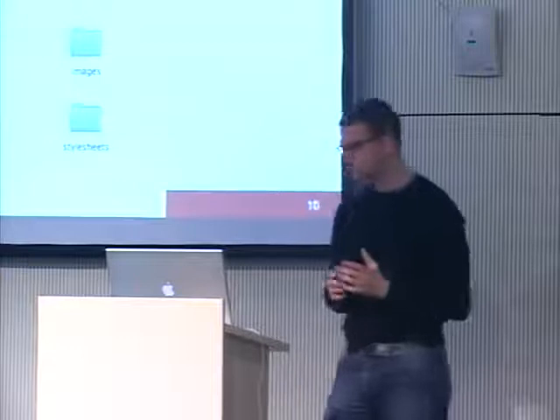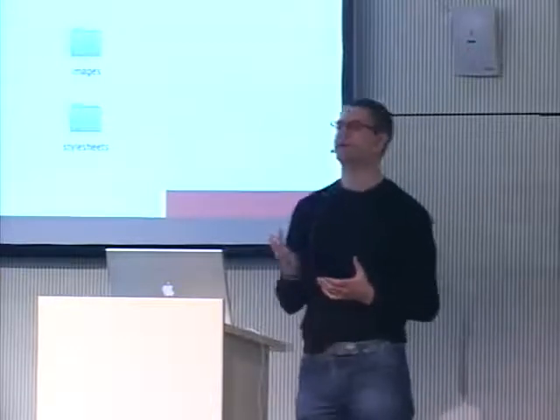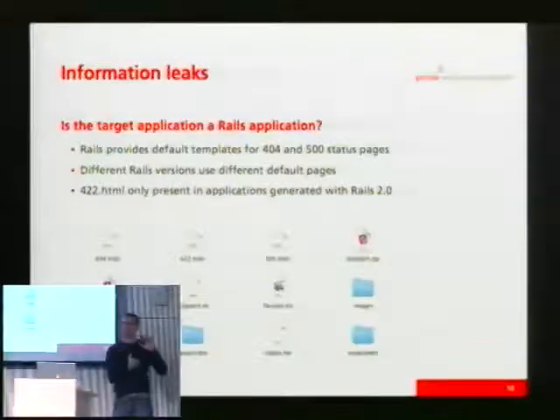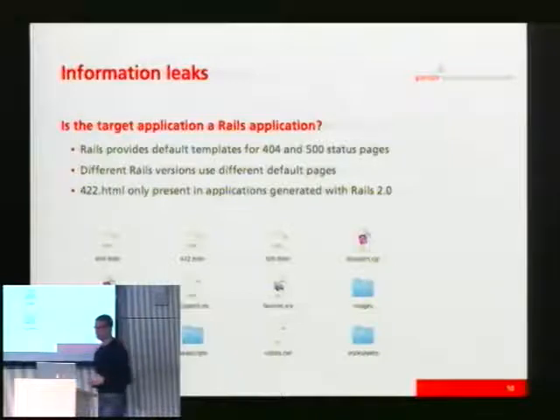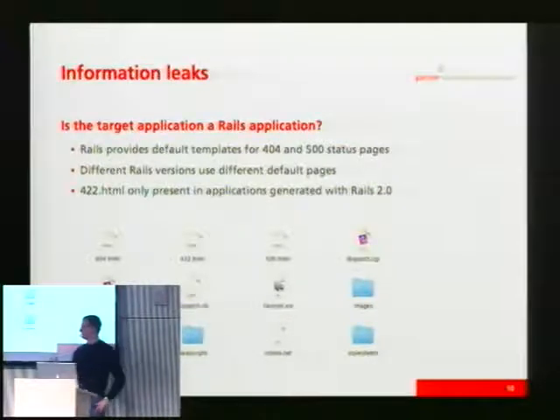So if your application raises a 500 error or 404 error, Rails will display a default page to the user that says page not found or internal server error. Those pages are in the public directory of the Rails application, so they're publicly accessible by default. So you can not only tell if an application is a Rails application by trying to find those pages, but you can also tell which version of Rails it is.